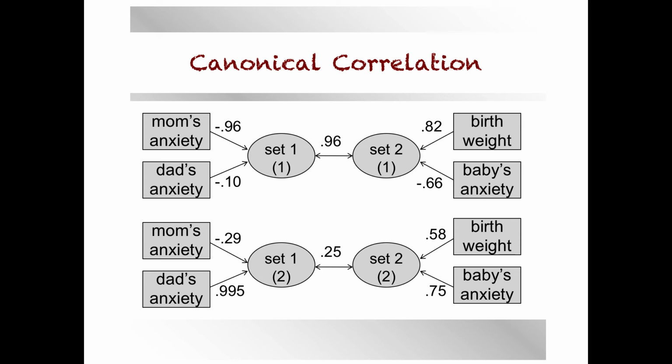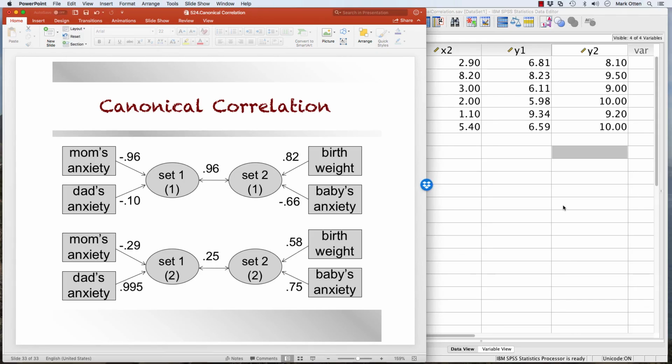So as dad's anxiety goes up, the baby's birth weight goes up, which is a good thing, but the baby's anxiety also goes up, which is a bad thing. So dad's anxiety has a differential, not quite conclusive effect on baby's health, especially since that 0.25 is rather low compared to the relationship that represents primarily mom's effect, the upper relationship there. So let's look at SPSS and figure out where these values all came from.